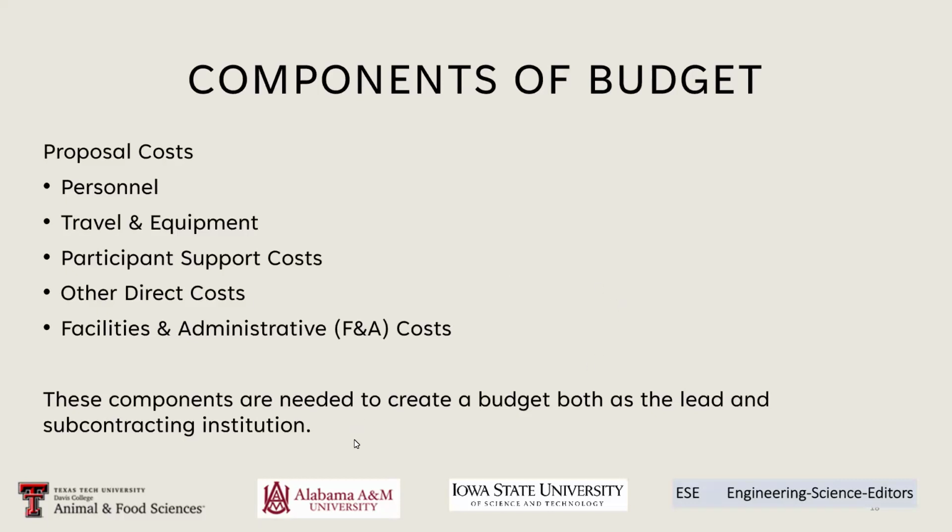So the categories are personnel, travel and equipment, participant support cost, other direct costs, and then these F&A rates within your budget. These components need to be for both the lead institution as well as subcontracting institutions. So you need to have a main budget, but if you have some subcontractors, they are to list out all of these categories.